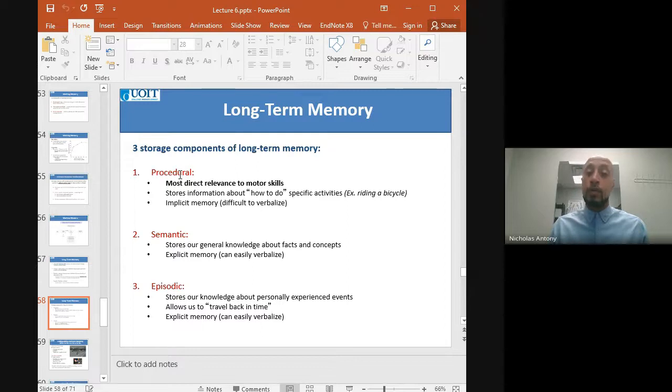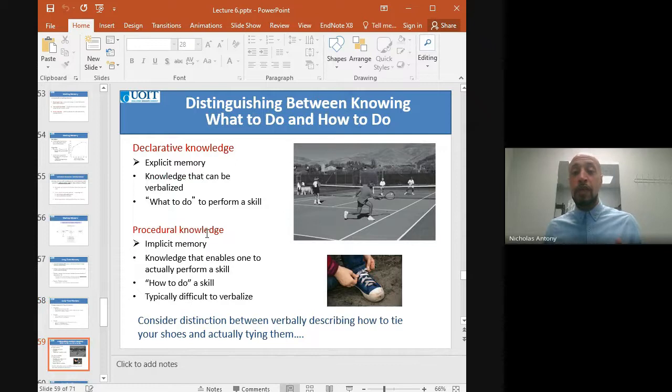Procedural memories are also called implicit memories, and they are most relevant to this course and us remembering different motor skills. Let's think of something like riding a bike. Once you learn to ride a bike, you never really forget it, right? But if I was to ask you, how do you ride a bike, Casey?